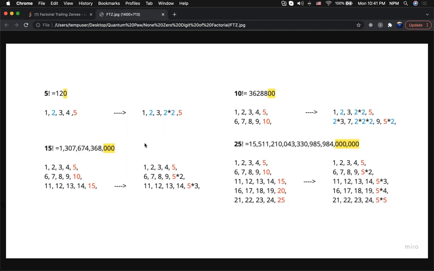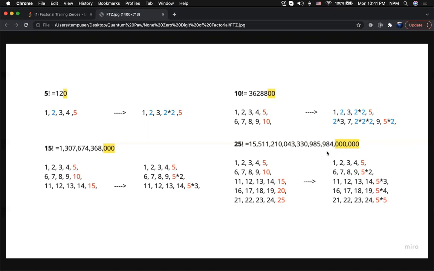But what if we want to figure out the factorial of 25? 25 divided by 5 gives us 5, but there are 6 zeros at the end, as you can see here. So the additional rule is that if the quotient is still divisible by 5, you should continue to divide.